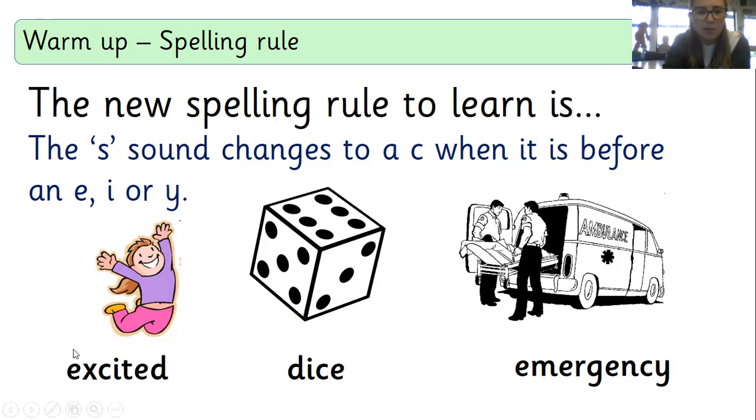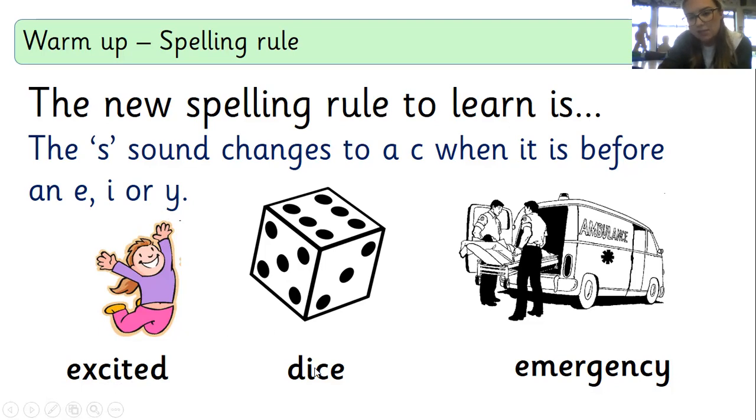For example, if you look at my little mouse, there he is, and he's over by excited. If I say excited, it sounds like there's an S in there, but actually it's a C because there's an I, and that's one of our special letters. If there is one of those next to that sound, then we must change it to a C.